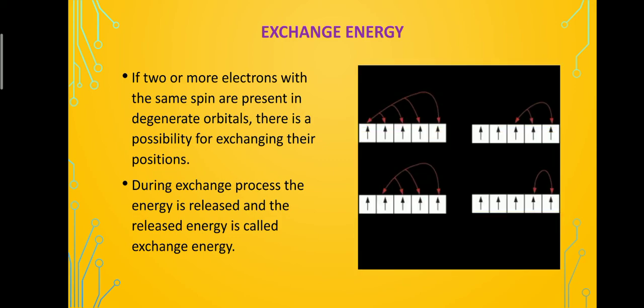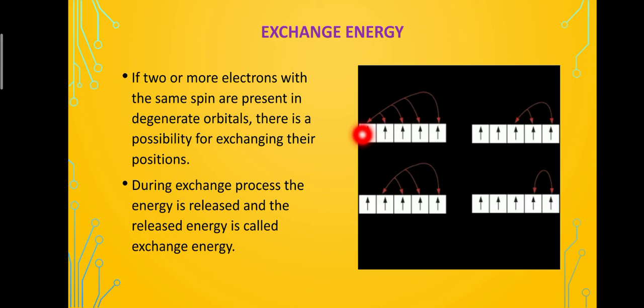And look at here. So here this is your d orbital, 1 2 3 4 5 degeneracy levels. In this d orbital, all 5 electrons have the same spin, and there is a possibility of exchange of their positions.